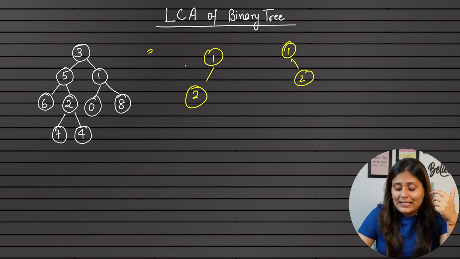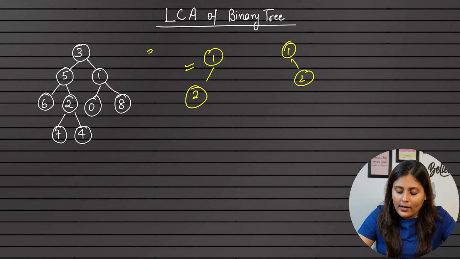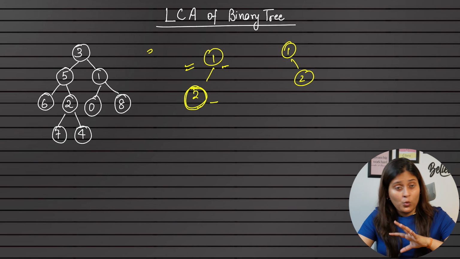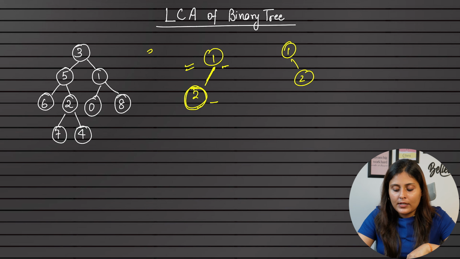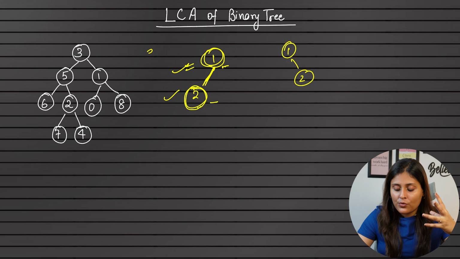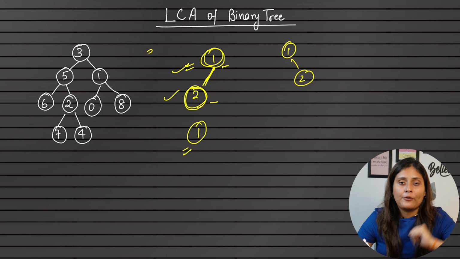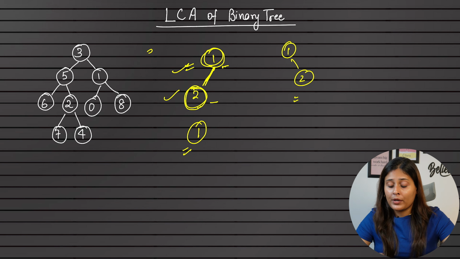So in this case, what will be the answer? 1 and 2. For 2 the parent is 1, and for 1 no one is a parent. You can say consider itself. So out of these, the common parent is 1. So we are expected to return 1 from here. Similarly, 1 from here.